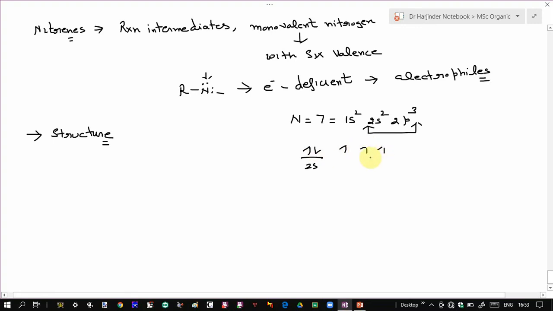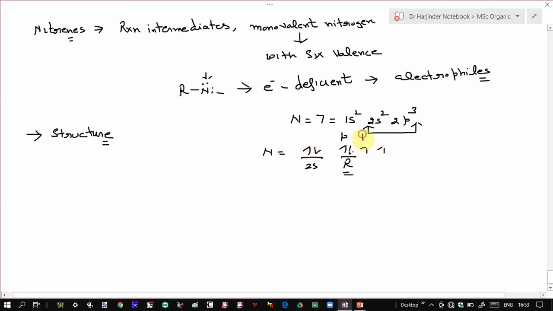While for the other electrons, in order to form this single covalent bond, one electron will come from the alkyl group or the subsequent group. It forms this single covalent bond by sharing of electrons. Now you can see there are total 6 valence electrons, 2, 4 and 6, and this is s orbital.